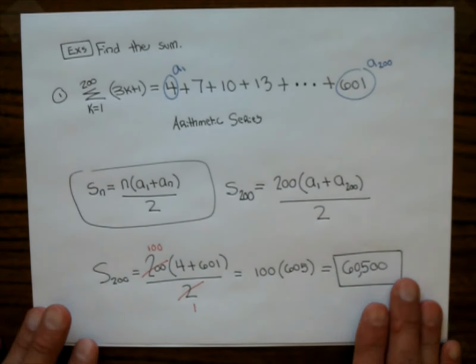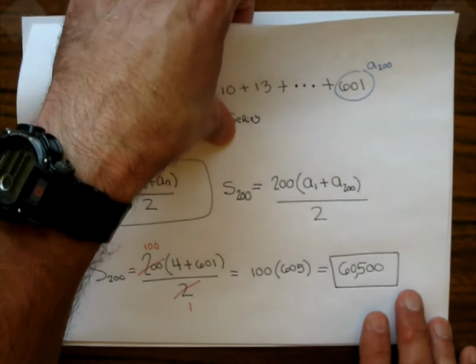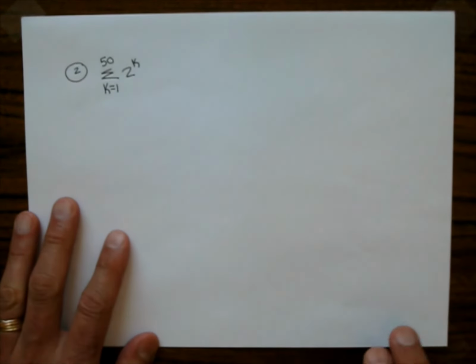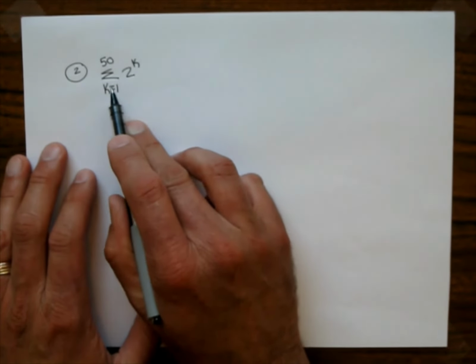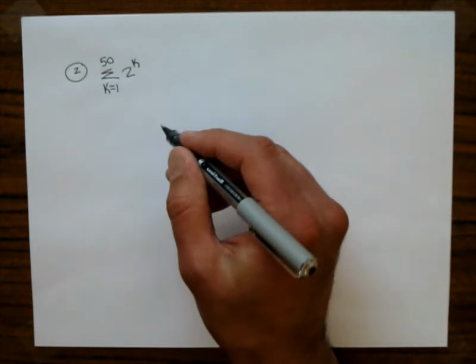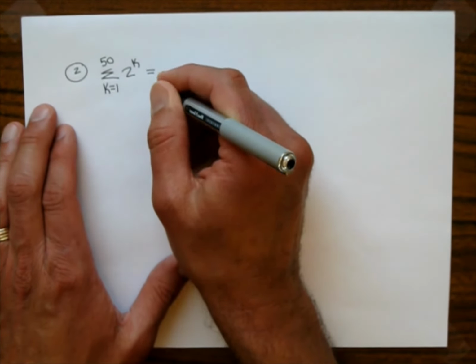Let's go ahead and do another problem. We have the sum from k equals 1 to 50 of 2 to the k. I'm going to write out the first few terms.